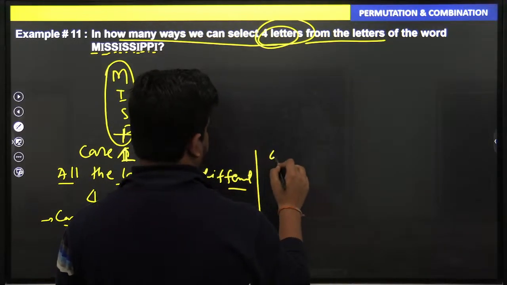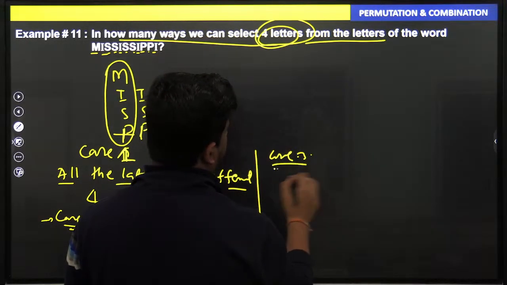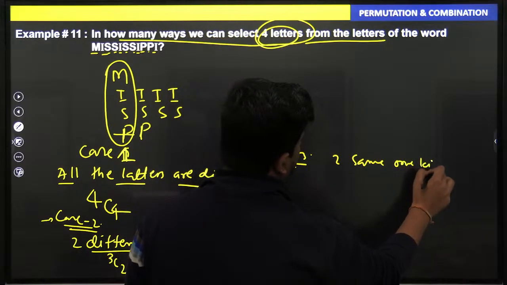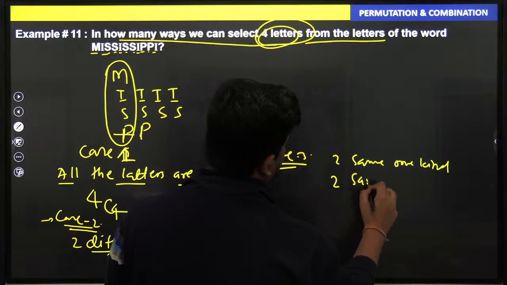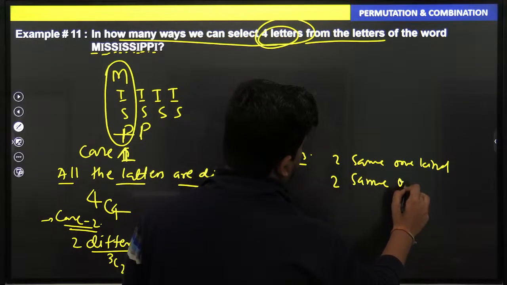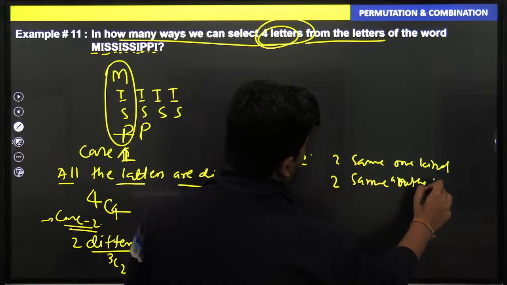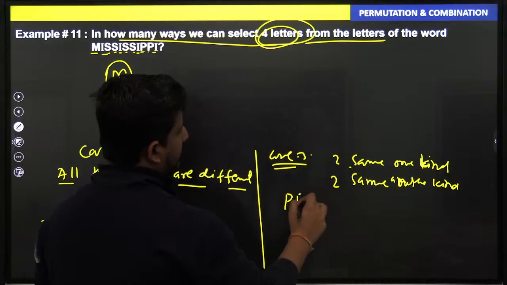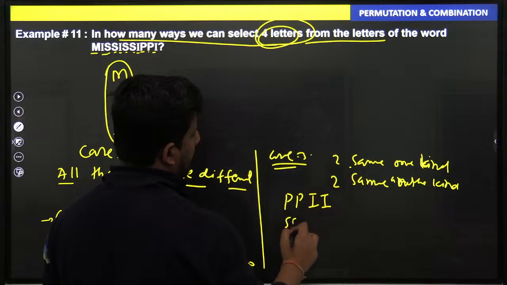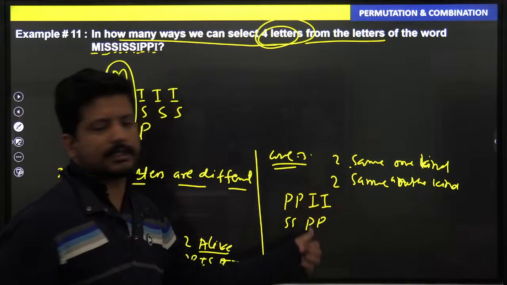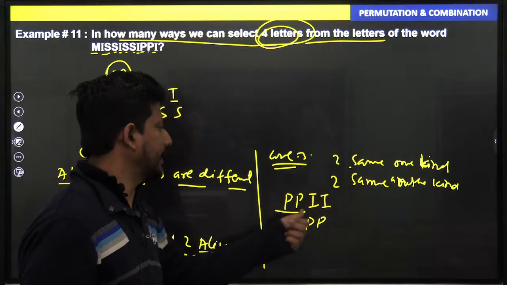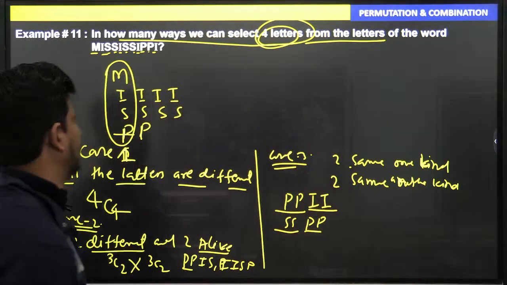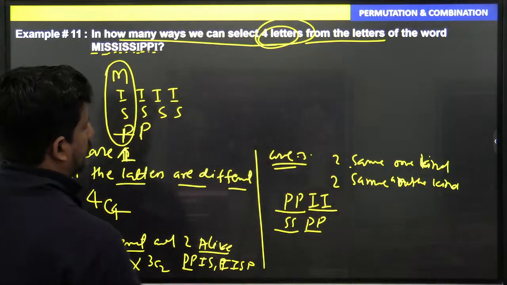So case 3 is what? 2 same of one kind and 2 same of another kind, not the same, another kind. Like PPII, SS, PP, words like this, meaning 2 of one kind and 2 of another kind.